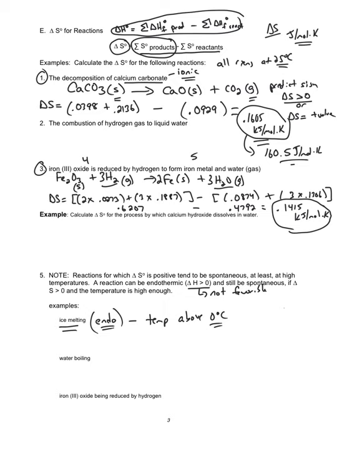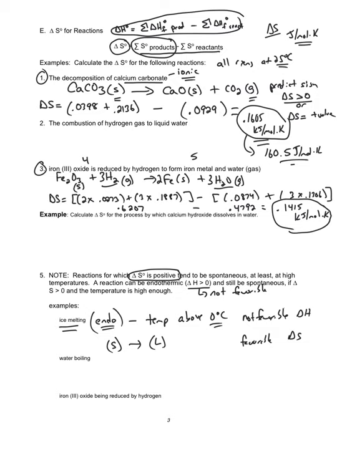Because there's a second variable to consider, which ends up being delta S, which is entropy. Even though ice melting is not favorable in terms of enthalpy, the heat of the reaction, it is favorable because we are going from a solid to a liquid. And that is favorable when it comes to entropy.